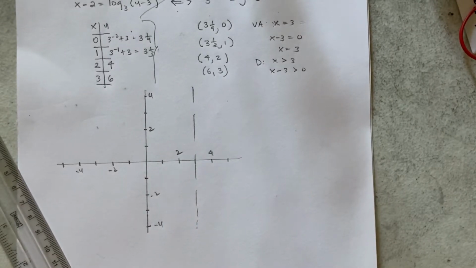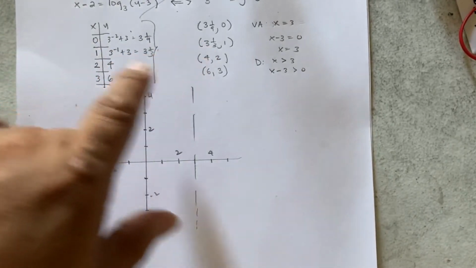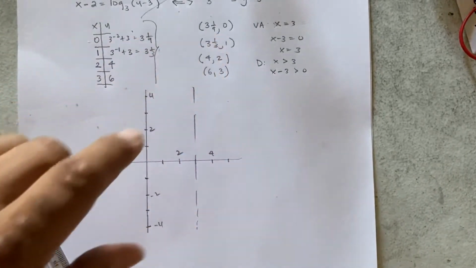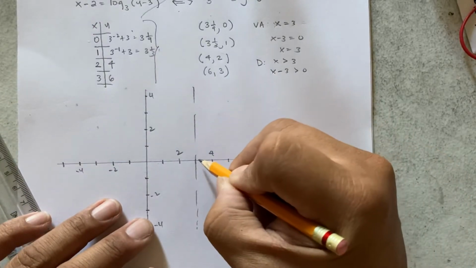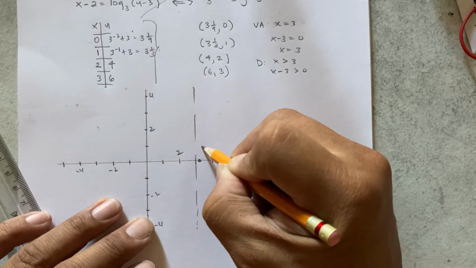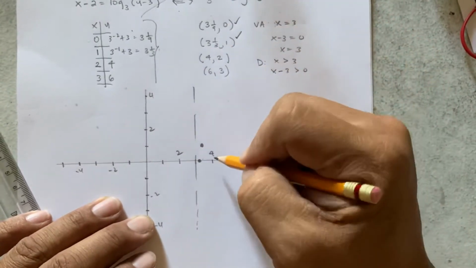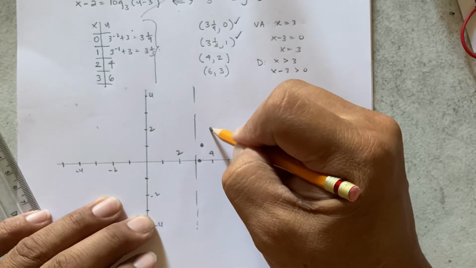And we're going to look at x equals 0, 1, 2, 3. So 3 and 1/9, comma 0, somewhere here. 3 and 1/3, comma 1 here. 4, comma 2 goes here.